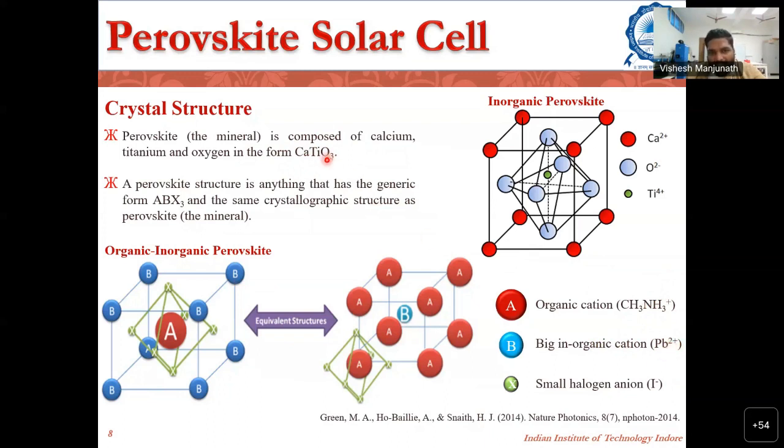We don't use oxide perovskites here; these are halogen perovskites, with either iodine or chlorine in different compositions.